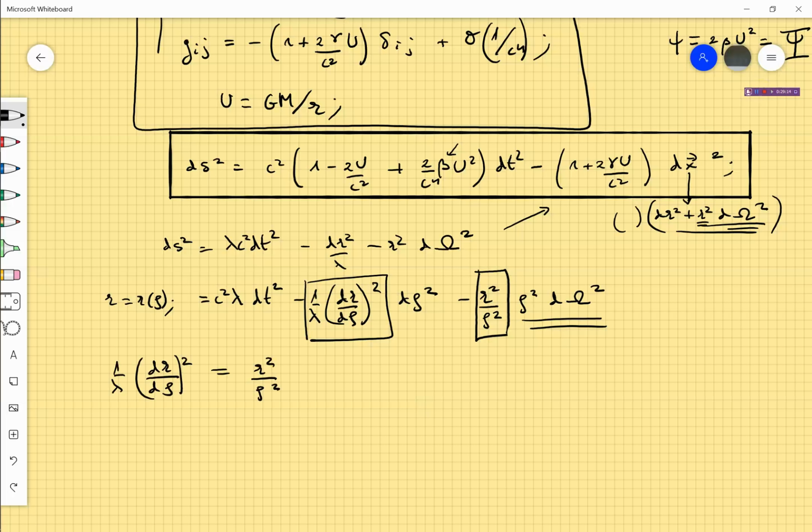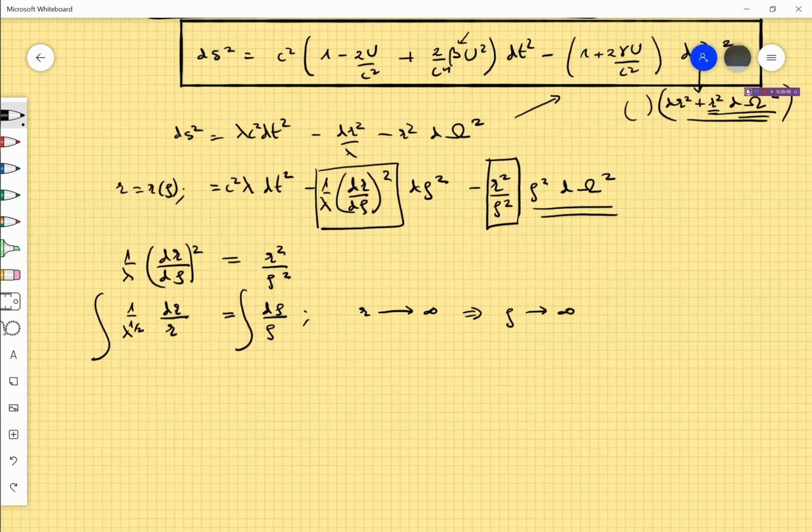You bring all the r's to the left hand side and take the square root. So this would be 1 over lambda to the 1/2 dr divided by r equal to d rho divided by rho, and you integrate and you choose the integration constant such that, as you probably also want, when r goes to infinity, rho also goes to infinity. If you do this, you find the relation between r and rho. This calculation is done in the lecture notes and it's trivial.